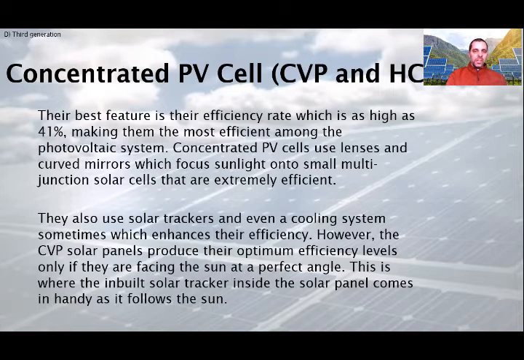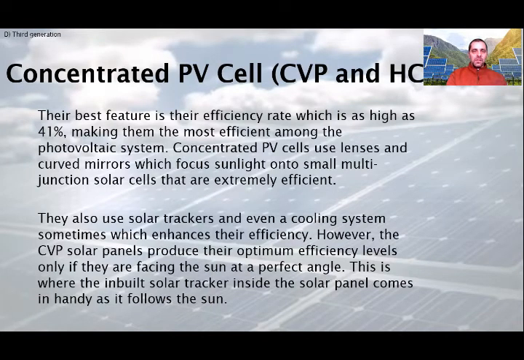When solar radiation is concentrated on a point, an ample amount of heat energy is generated and converted into electricity using an integrated power generator. Unlike conventional photovoltaic systems, it uses lenses or curved mirrors to focus sunlight onto small, highly efficient multi-junction solar cells. They also use solar trackers and sometimes even a cooling system, which enhances their efficiency.